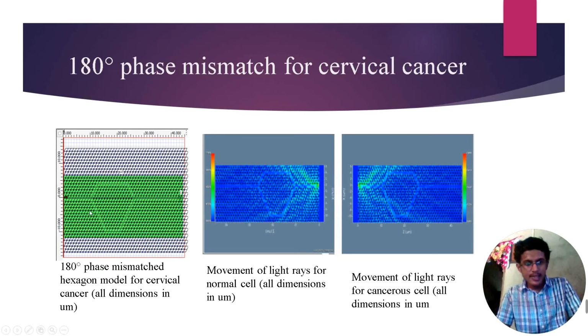And this is the 180-degree phase mismatch for the cervical cancer analysis. Here we created the 180-degree phase mismatch structure in FDTD, and this is the result of the movement of the light rays for the normal cell, and this is for the cancerous cell.